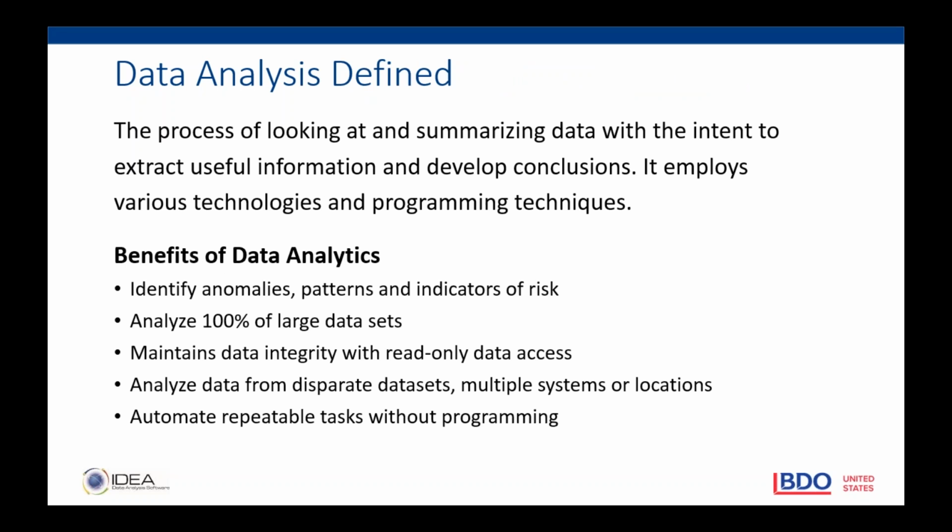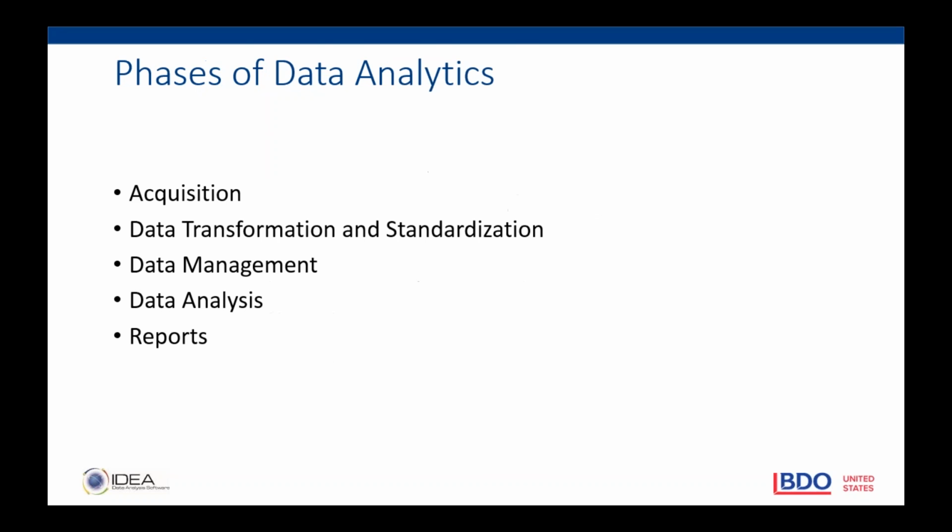We can analyze large data sets. We can look at different data sets from different systems or locations. So if you're auditing a company that has multiple geographical locations and they're using multiple accounting systems, you can use the analytics to kind of bring them all together and take a look at the data in total. And then you can automate some of these repeatable tasks along the way.